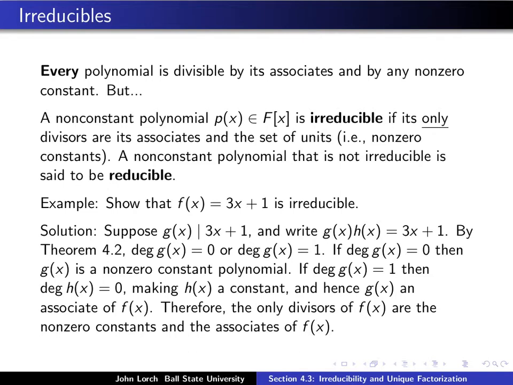We illustrate this concept of irreducibility with an example. We're going to have this polynomial, little f of x, equaling 3x plus 1, and we're going to look at that polynomial in the polynomial ring, say, Z5 adjoin x.